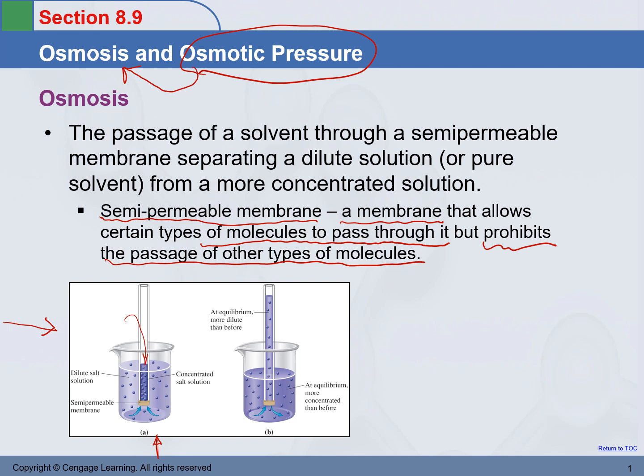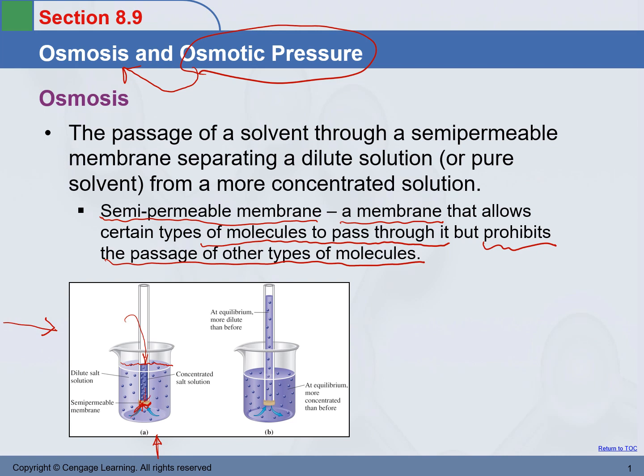At the end of the tube, it is covered by a semi-permeable membrane. Once you soak the tube into the dilute solution, with the surface level at the same level at the beginning, now water, the solvent water, will pass through this membrane and flow back and forth.